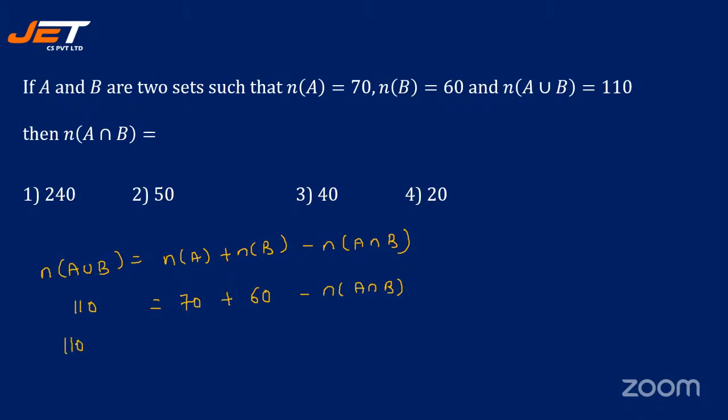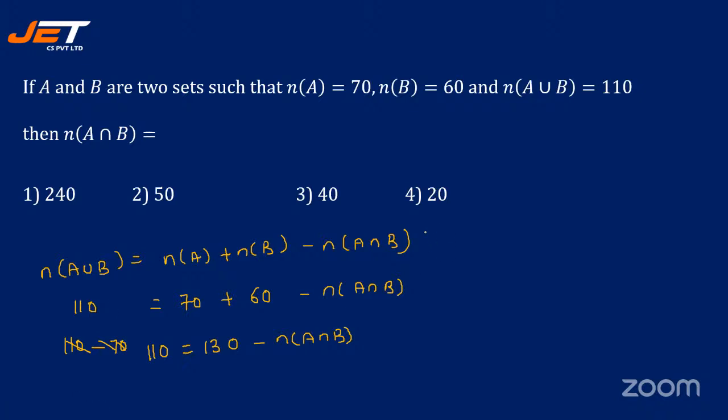So 110 equals 130 minus n of A intersection B.